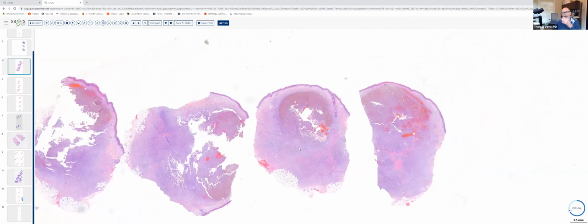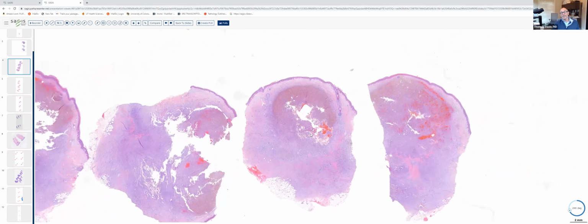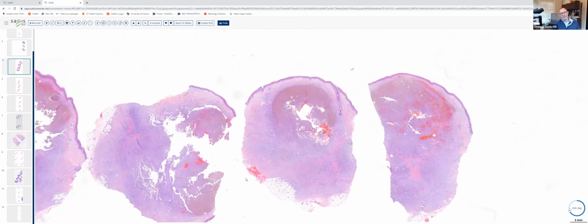And I think at scanning magnification, one of the things that you can really begin to appreciate, not only the fact that this lesion is partially sampled, that it extends to the base and edges of the specimen, but one can begin to appreciate abundant hemorrhage within this tumor. And in addition, we can see some brown pigment near the surface.